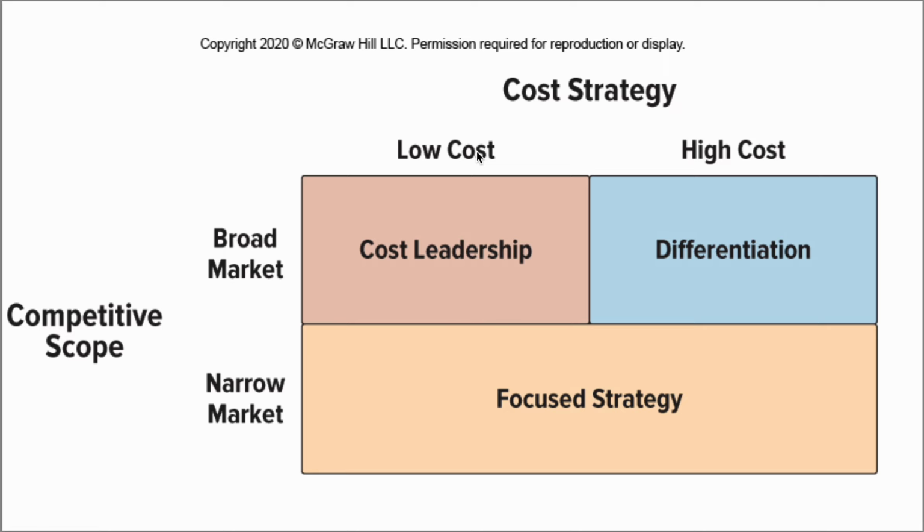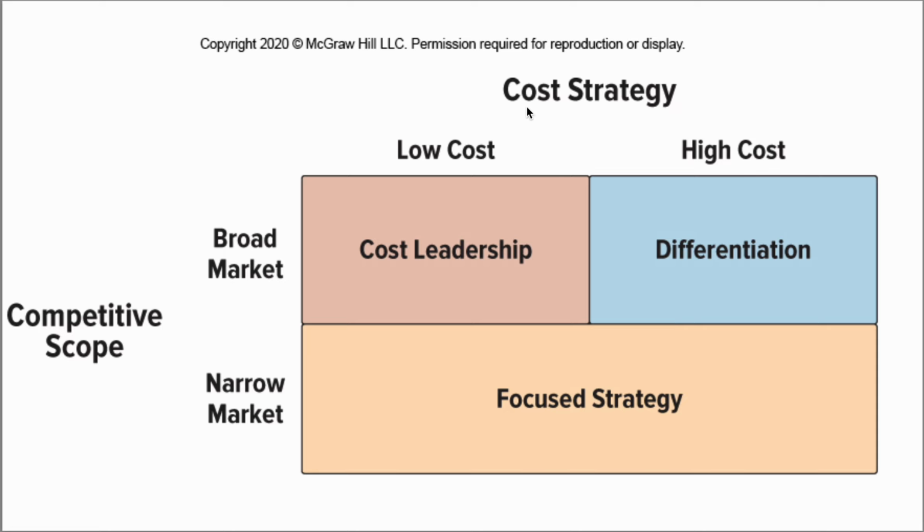So the way to figure it out for your company is to look at whether they're primarily emphasizing low cost or high cost. A company with a low cost strategy focuses on low prices. A company with a high cost strategy can typically command a higher price for its product because it's different enough from the competition.